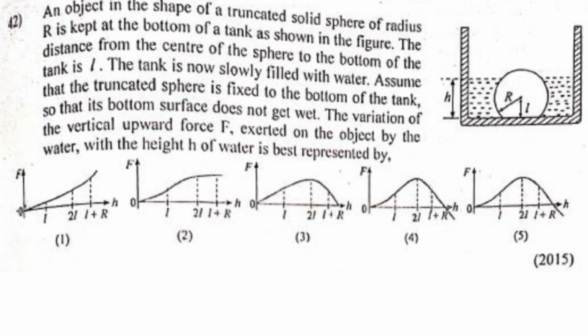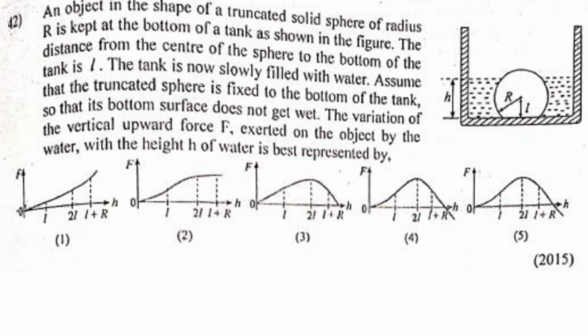Question 42. An object in the shape of a truncated solid sphere of radius r is kept at the bottom of the tank as shown in the figure.